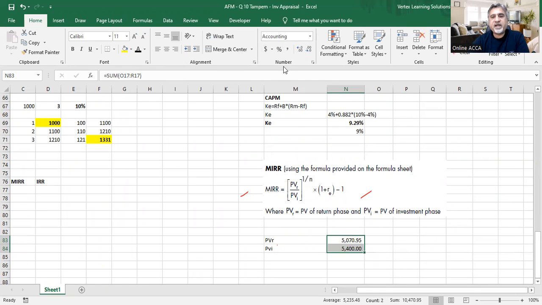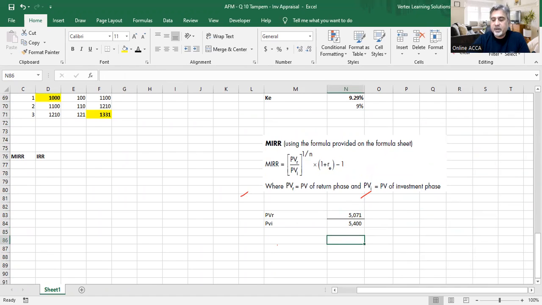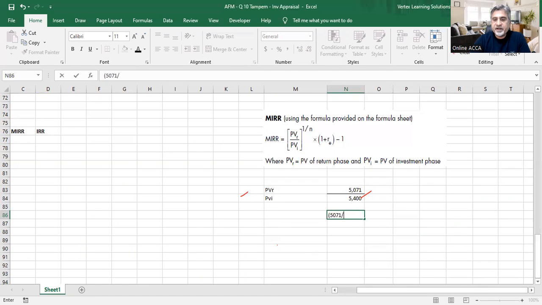It says that 5071 divided by 5400, and then you multiply it with 1 plus RE. RE is your WACC, minus 1. So if I have to write down, I will say 5071 divided by 5400.